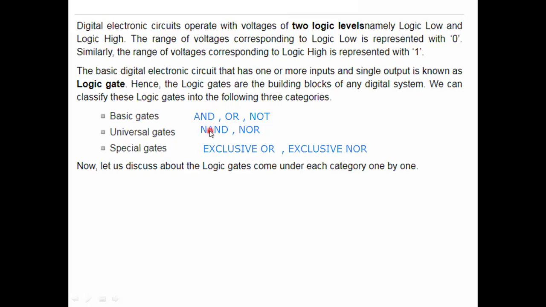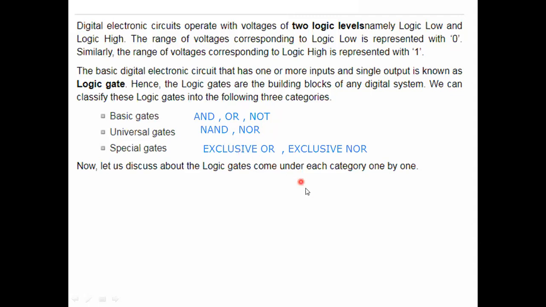In the same way, by adding a NOT gate to the OR gate, we get the NOR gate. OR gate plus NOT gate is equal to NOR gate.